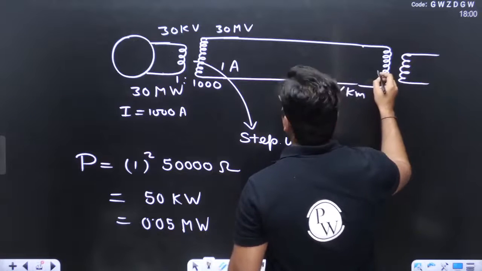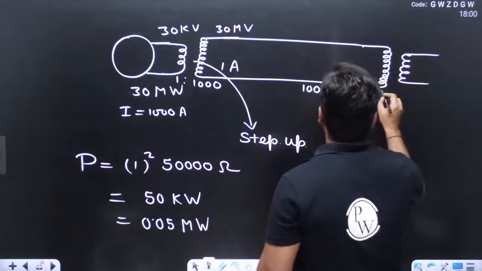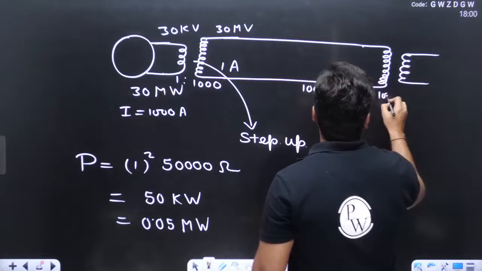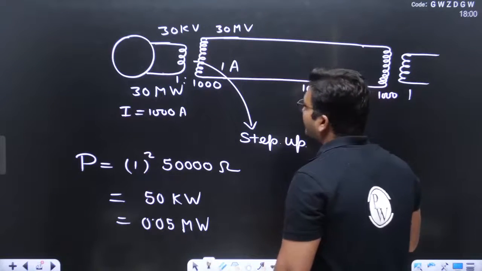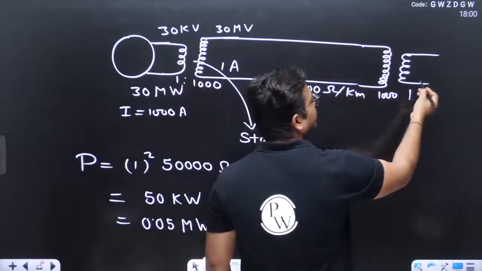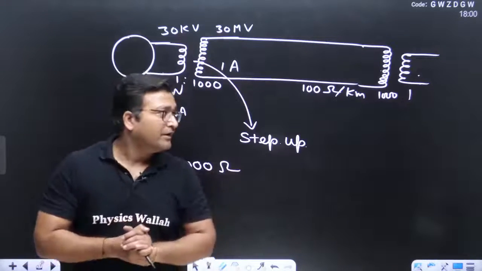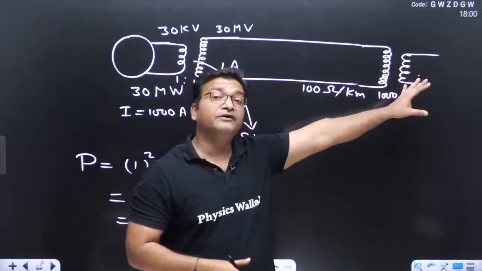Here we have number of turns decreasing. Here we have 1000 turns, here we have 1 turn. So again, large amount of current can be obtained because current will increase now and voltage will decrease now by equal factors. So at the user end also we have transformers.